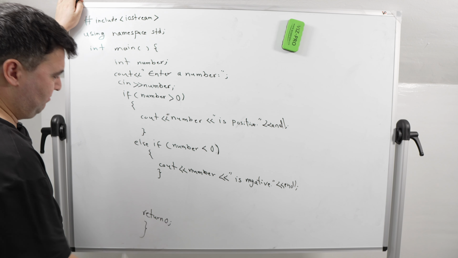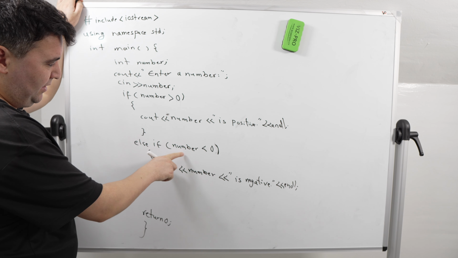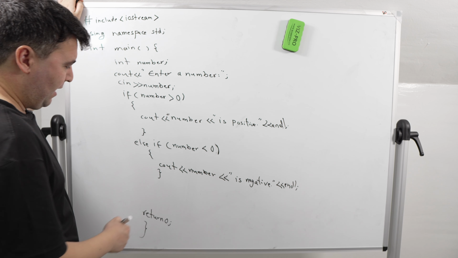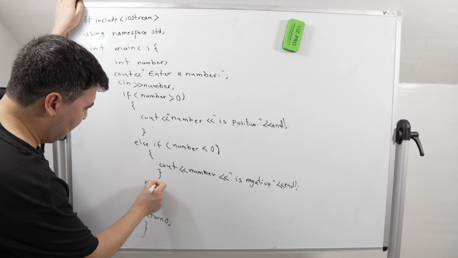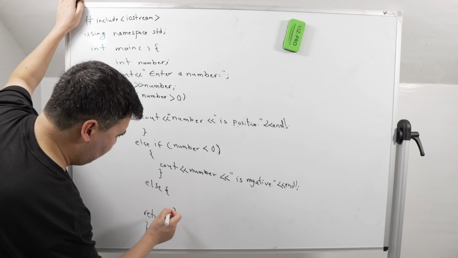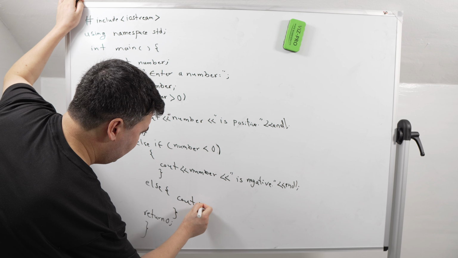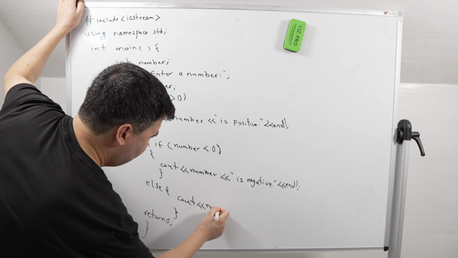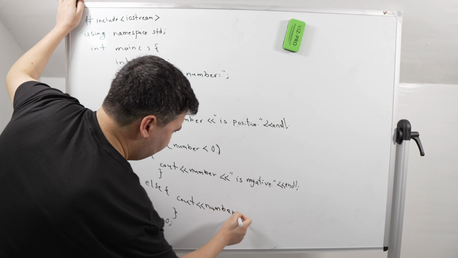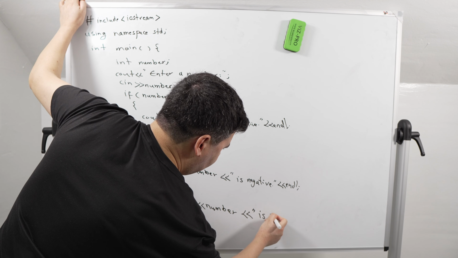Then we close the curly braces for the second condition. Now at the end we have else. We open the block of else and close it, and we write cout, "Number is 0".